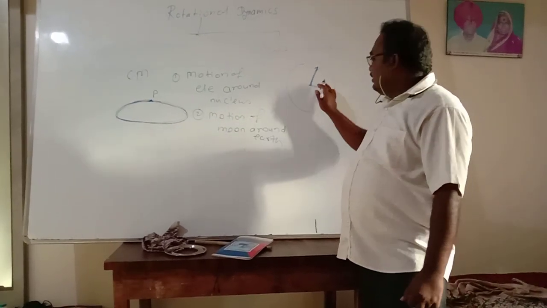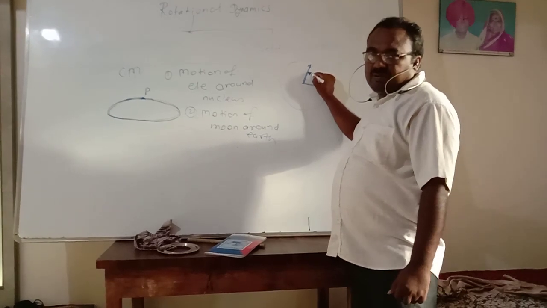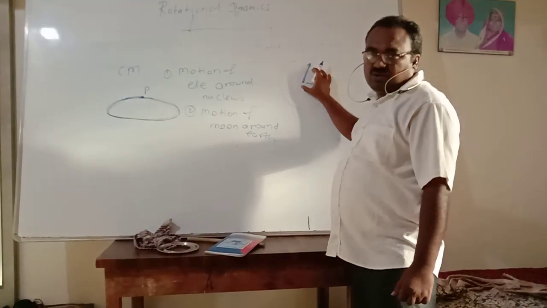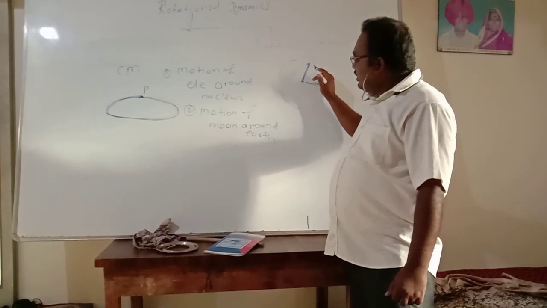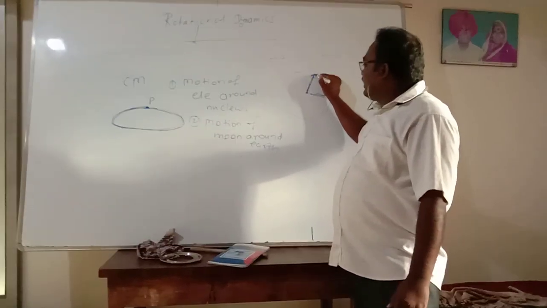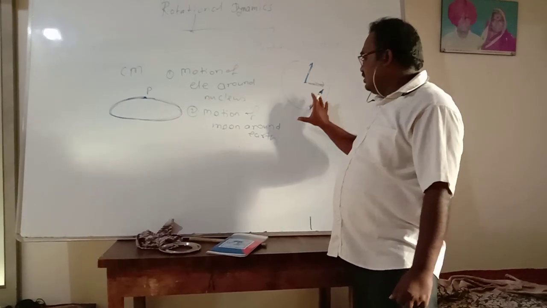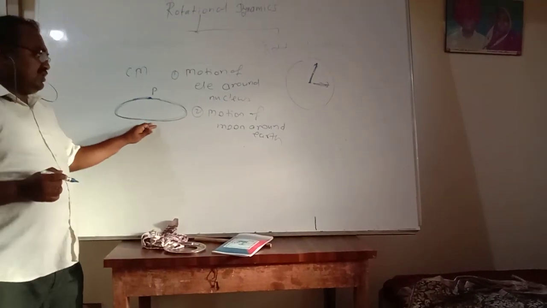You have to remember, this is an important sentence for entrance. When the hand of the clock performs rotational motion, the total hand performs rotational motion, but the tip of the hand performs circular motion. This is the difference in the case of motion of the hands of a clock.